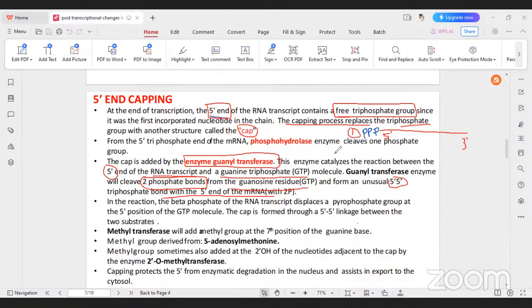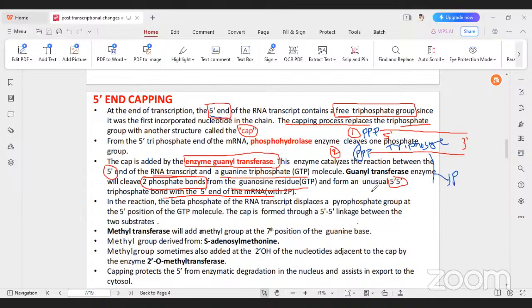What happened in the second step? Here, with the help of the enzyme nucleotide triphosphatase, which cleaves one phosphate, one phosphate is removed from the triphosphate.